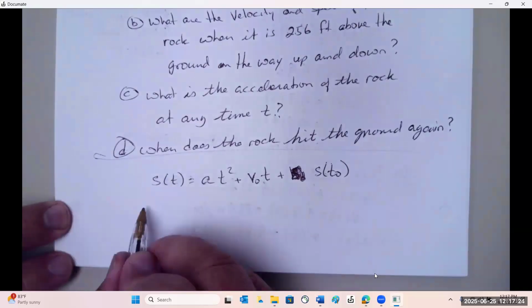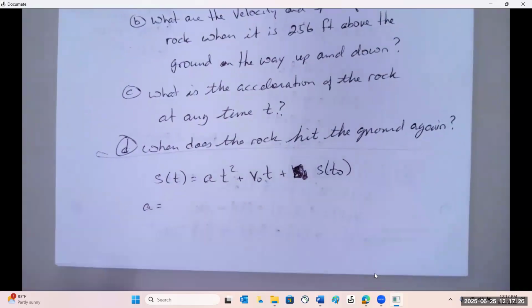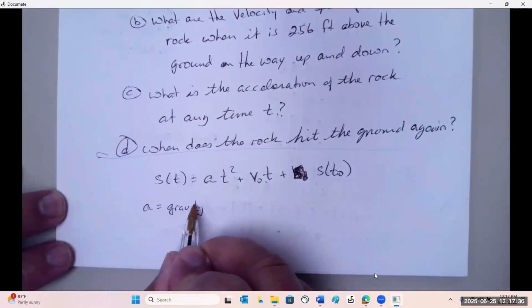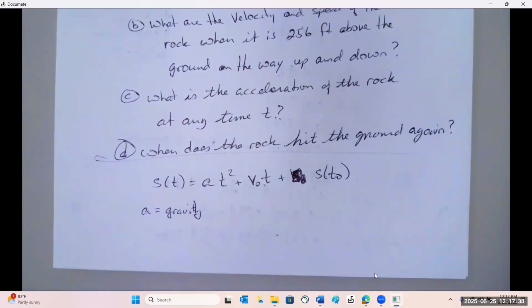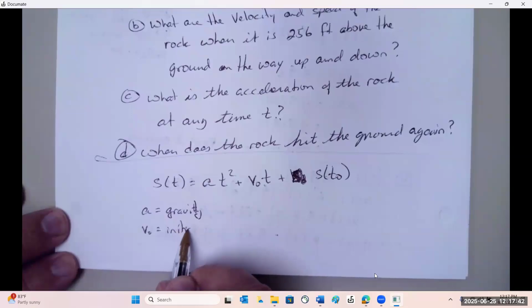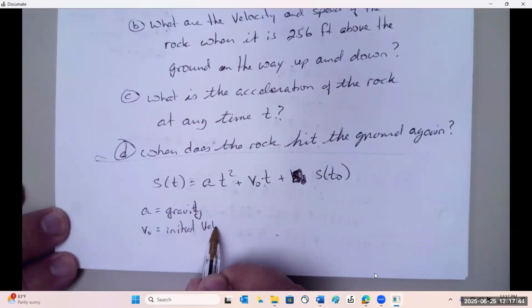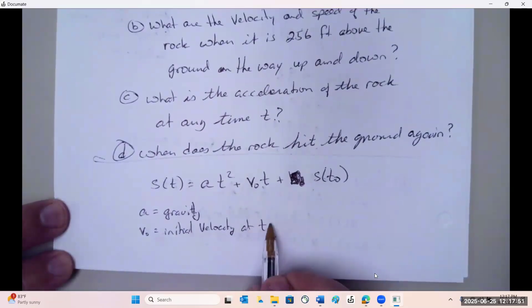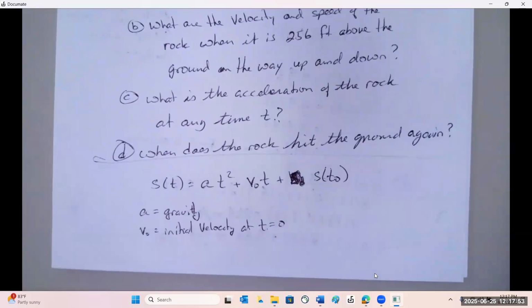For acceleration, since we're dealing with an object that's falling and just the force acting upon it is gravity, V sub 0 is the initial velocity at time equals 0.